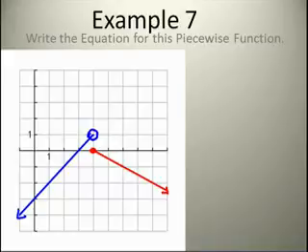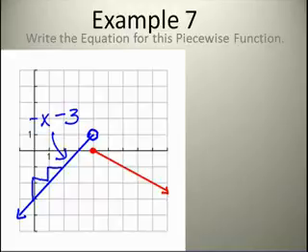Alright, in example 7, we're going to write the equation of this piecewise function. So what I'm going to do is write the equation of the 2 lines separately. On this line, I can see that my y-intercept is at -3, and I can calculate the slope as up 1 over 1, up 1 over 1, so my slope is 1. So I just get y is equal to x minus 3.